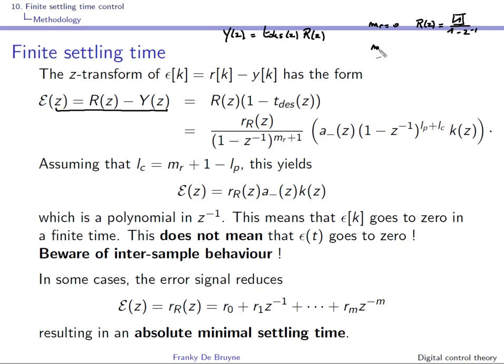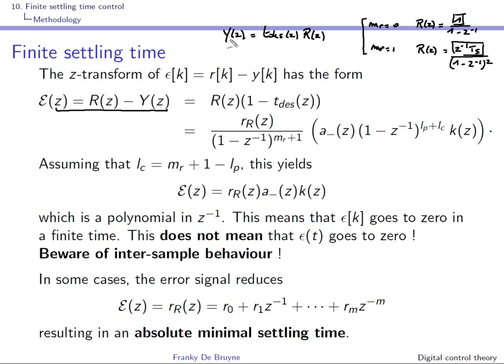If you take MR as equal to 1, then R of Z is Z minus 1 TS over 1 minus Z minus 1 squared, and then the polynomial, this one over here, is Z minus 1 TS. We had seen that you can also consider MR equal to 2 or higher, but in practice these are the two that we consider, right?